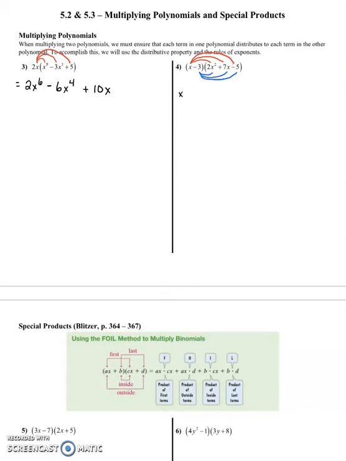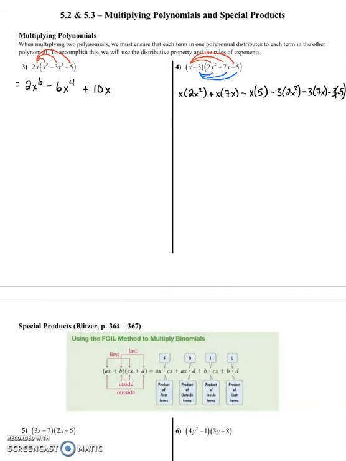We have x times 2x squared plus x times 7x minus, because it's a minus 5, and x times 5. Then we have to multiply the negative 3 by everything. So negative 3 times 2x squared minus 3 times 7x minus 3 times a negative 5.